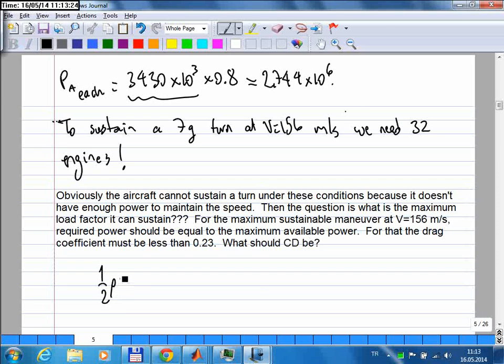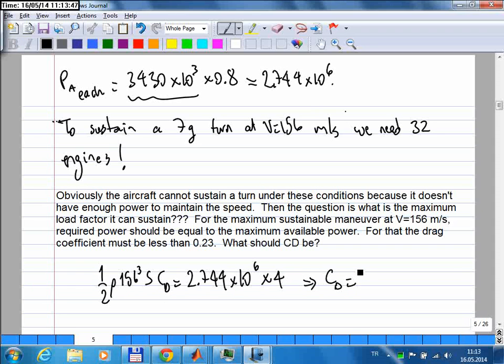1/2 times rho times v to the power 3 times S times CD should be equal to the maximum available power, which is this number times 4. So the only unknown is the drag coefficient.